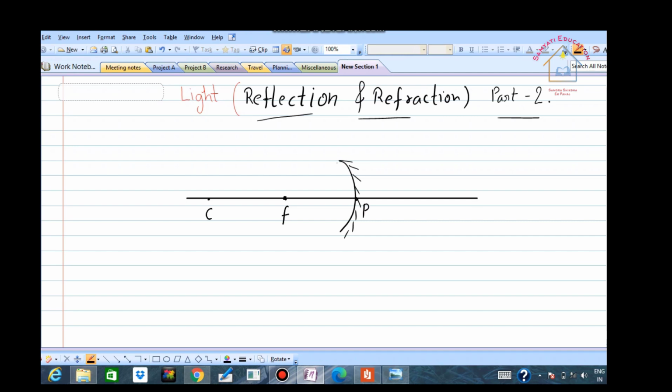If the object is placed between the focus and the pole, then we will find an erect image. We have to place the object here. We have to draw the object like this.